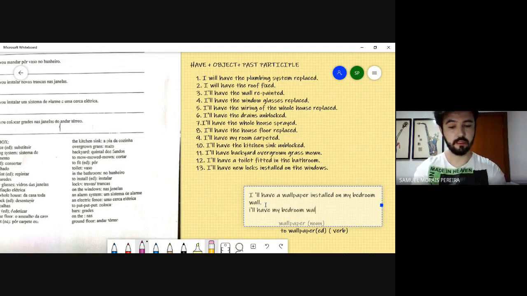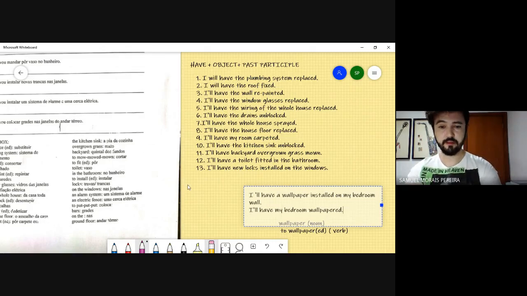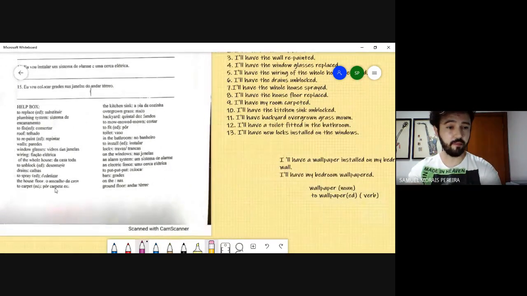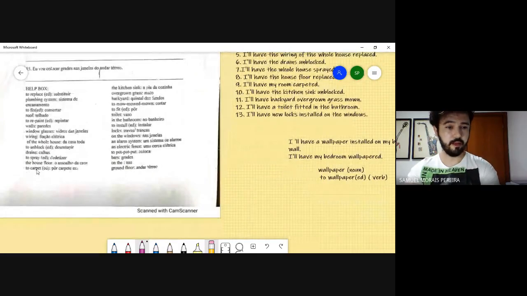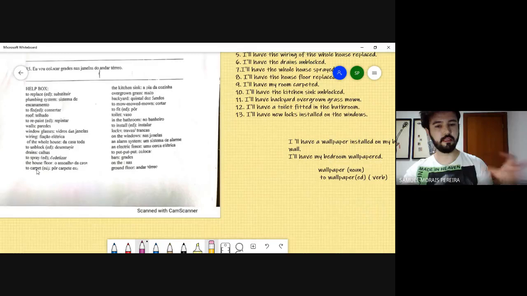Olha só, estou usando wallpaper como verbo, olha. Wallpapered. I'll have my bedroom wallpapered, okay? You can say that in English. This is the same thing that happened here com o verbo encarpetar, ó. Carpet é a palavra tapete ou carpete, but the verb to carpet significa encarpetar ou pôr carpete, okay?